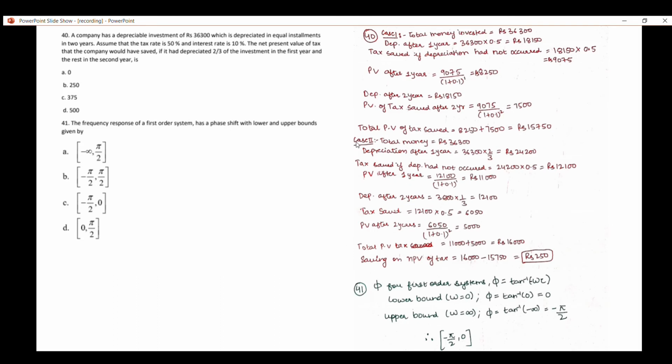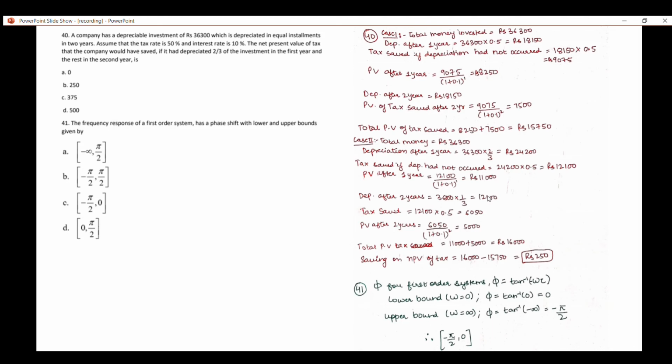So case 2 would be when the depreciation was 2/3 of the investment in the first year and 1/3 in the second year. So depreciation after 1 year is 24,200, and the tax saved that year would be 12,100. So the present value after 1 year would be 11,000. Similarly, for depreciation after the 2nd year, it is 36,300 multiplied by 1/3, which is 12,100.